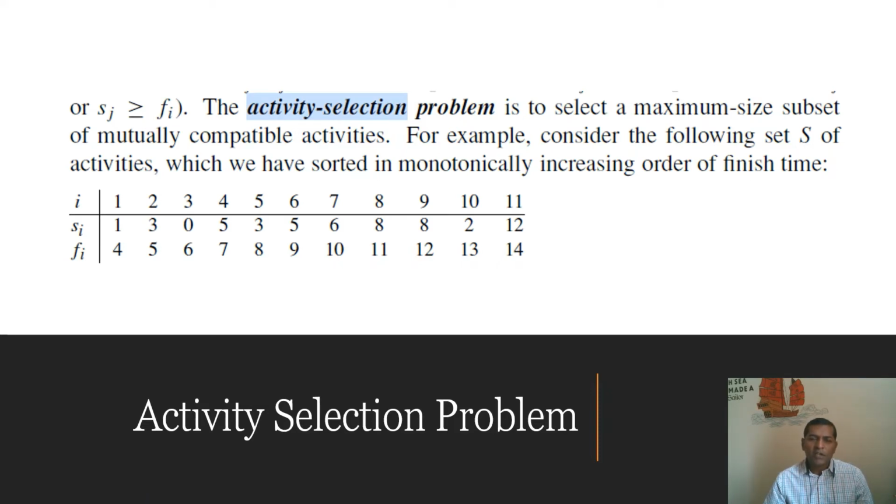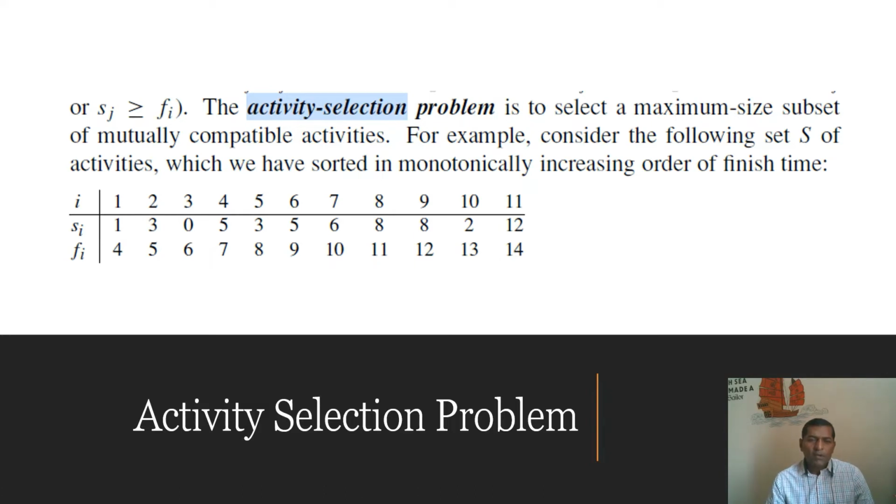The activity selection problem has some activities, represented here by the icon i, where i is equal to 1, 2, 3, 4, 5, 6, 7, 8, 9, 10, 11. So we have 11 activities. si is the start time and fi is the finish time of every activity.